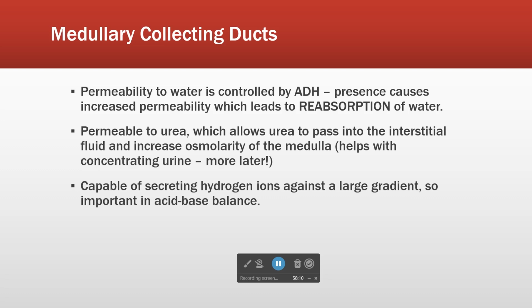This has a very high osmolarity, the medulla does, right? The collecting ducts, if this is a nephron, right? The nephrons come down, up, wiggle around, and then this is the collecting system, or duct. You'll notice that the collecting duct has to pass through this region of high osmolarity, right?